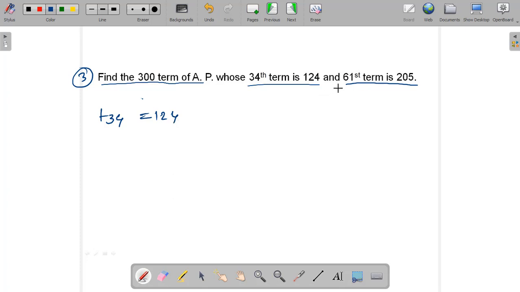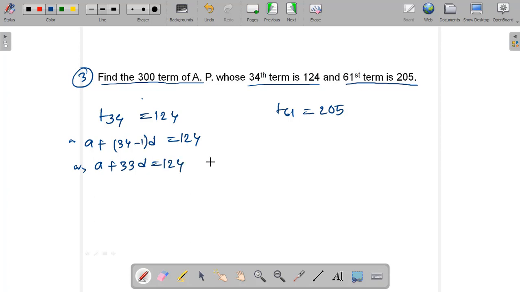And the 61st term is given, that is T61 is equal to 205, okay? Also we can write here a plus 34 minus 1 into d is equal to 124, or a plus 33d is equal to 124. So this is our first equation.